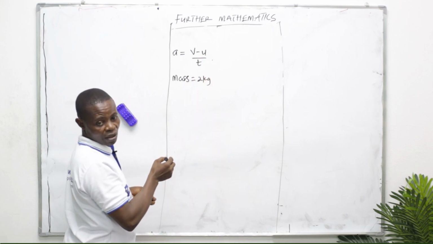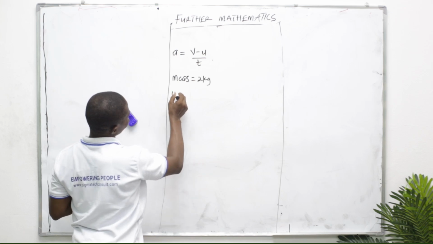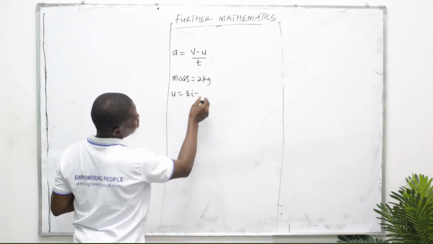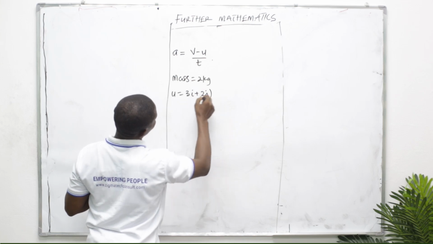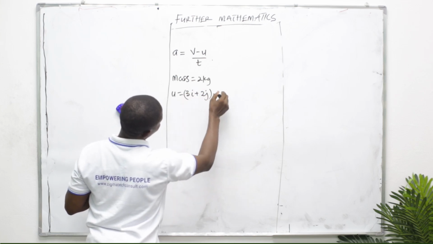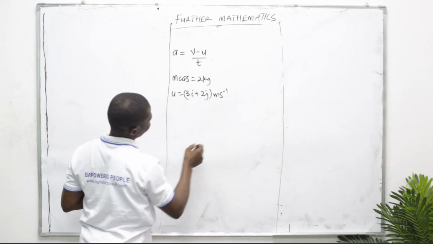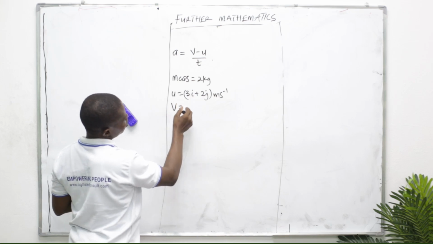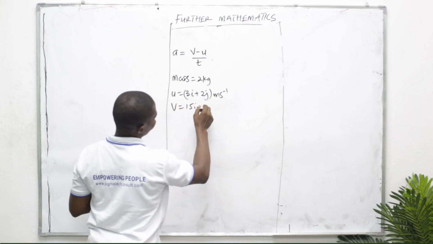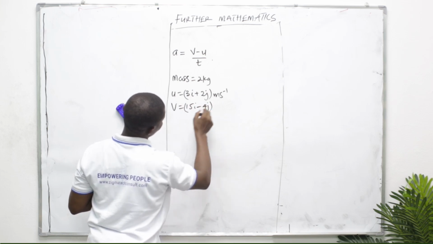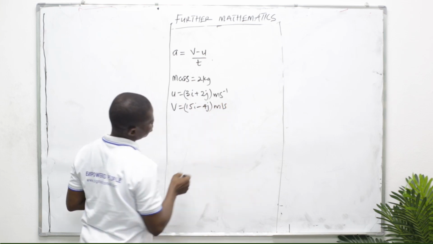Initial velocity u equals 3i plus 2j meter per second. v equals 15i minus 4j meter per second.